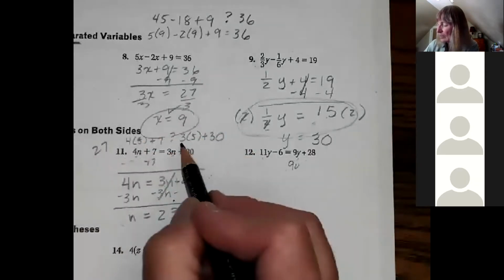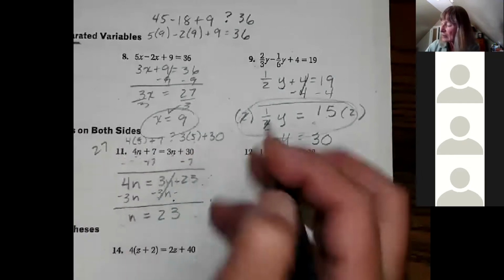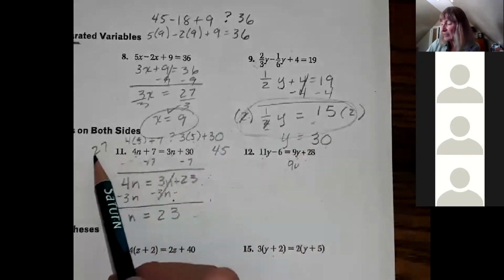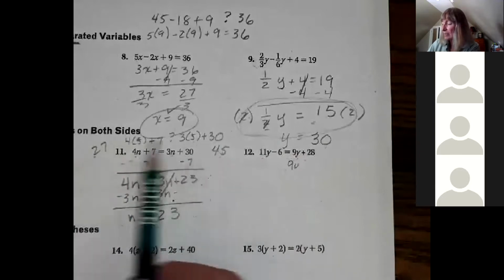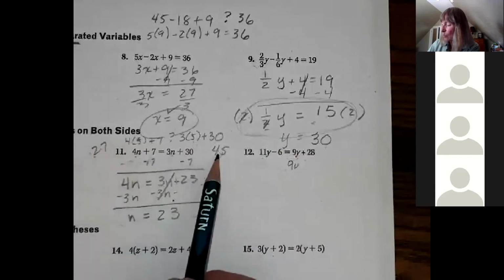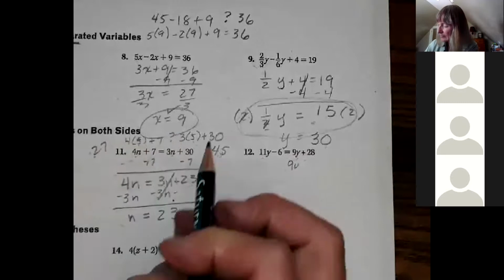On this side, we get 3 times 5 is 15. 15 plus 30 is 45. So 27 does not equal 45. Yeah, since those aren't equal, we know that this is not a correct solution.